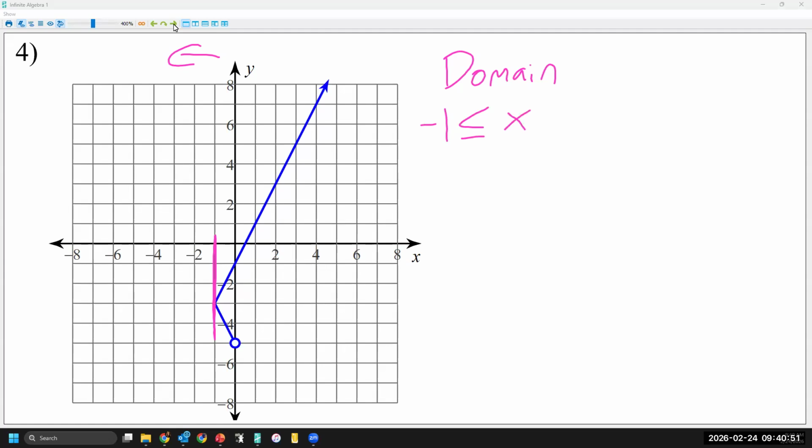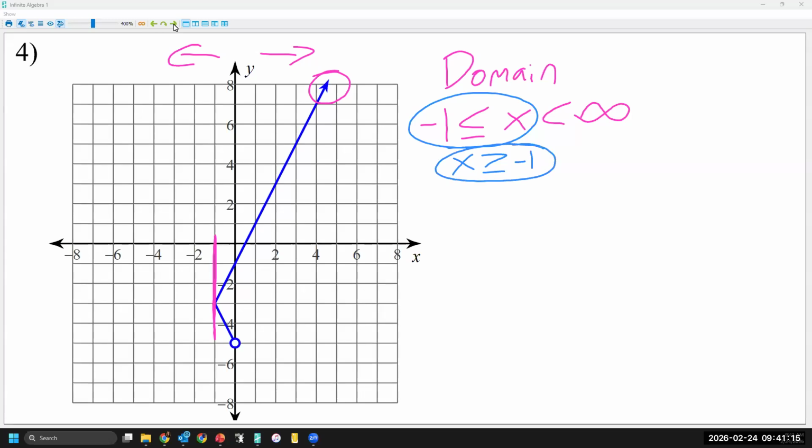How far do I go to the right? Well, again, that arrow right there is moving up and to the right, so it's going to go to the right forever. So I could leave my domain like that, or if I rewrite it, I could isolate this part of it, flip it around, and I'd get x is greater than or equal to -1.